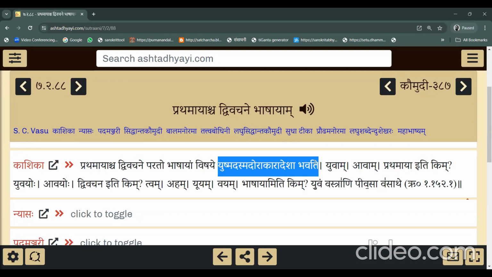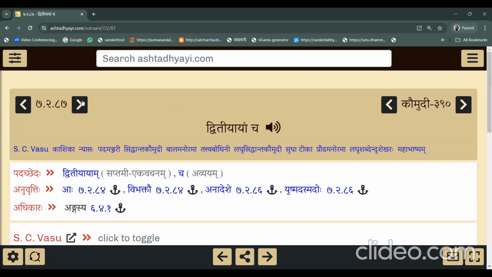Then, you see, these two sutras, Dvitiyayamscha, Pratamayamscha, these are sutras where the Pratyaya gets Adesha. It is Adesha Pratyaya, not Anadesha. By that sutra Nye Pratamayogo. So all these things are not written, but understand.